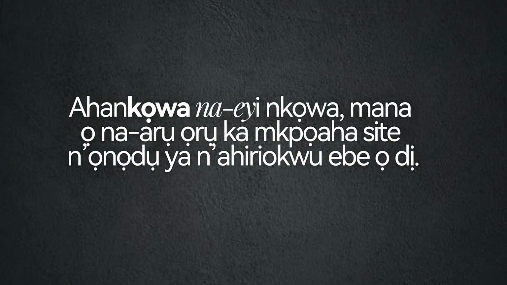Ahankowa usually looks like an adjective, but it is not an adjective. Mana ọ na-arụ ọrụ dịka mkpọaha n'ọnọdụ ya n'ahịrịokwu. It usually looks like an adjective, but then it functions like a nominal in a sentence.